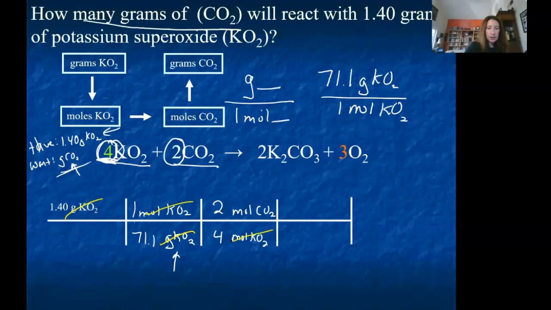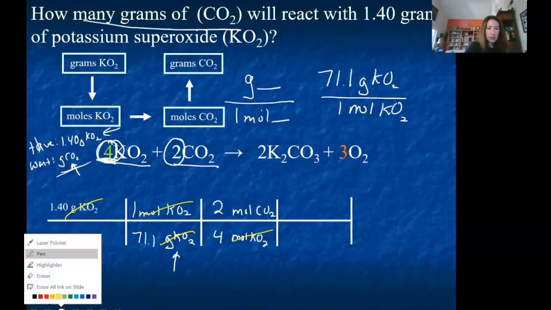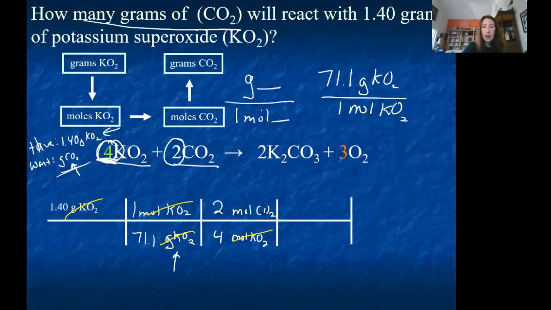Cross off our units. And now we're at moles of CO2. We're almost done. We want grams of CO2. So if we want grams of CO2, we know when we look at the periodic table that 1 mole of CO2 is 44.01 grams of CO2.